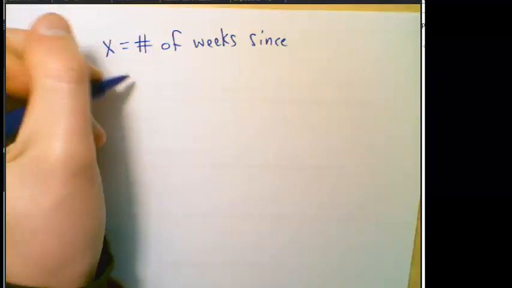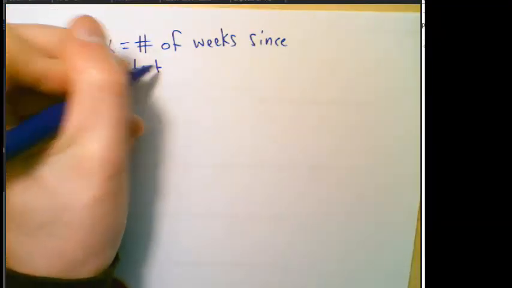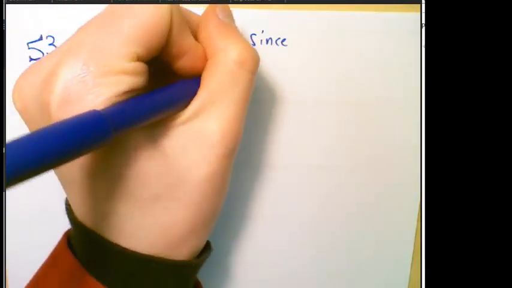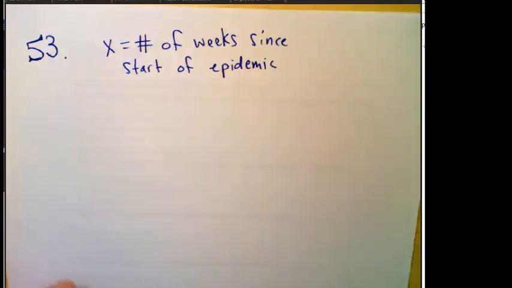So we will let x equal the number of weeks since the start of the epidemic. And we'll say at the start there were 240 students infected.